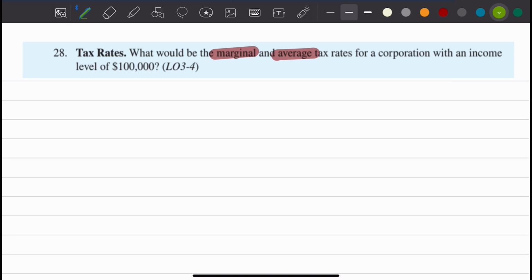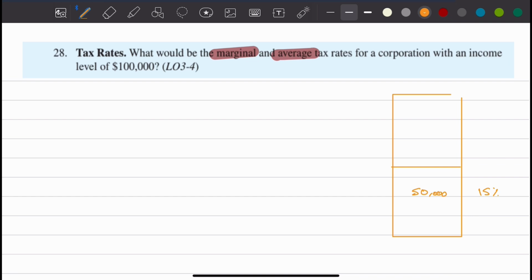Let me just do a quick diagram to hopefully help you understand. If we assume that this is the full amount of 100,000, half of that, which is 50,000, is going to be taxed at 15%.